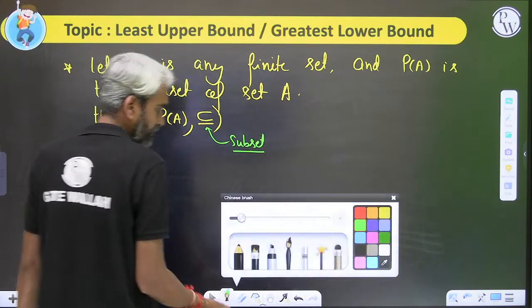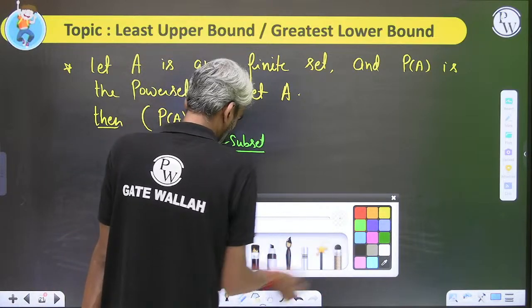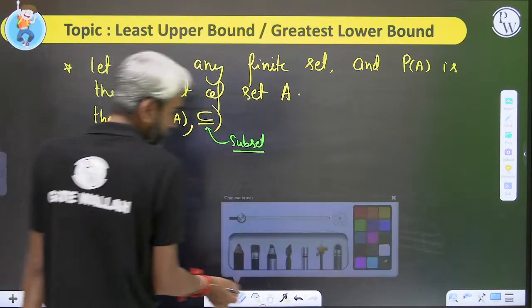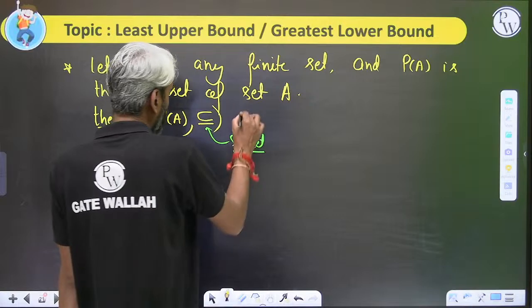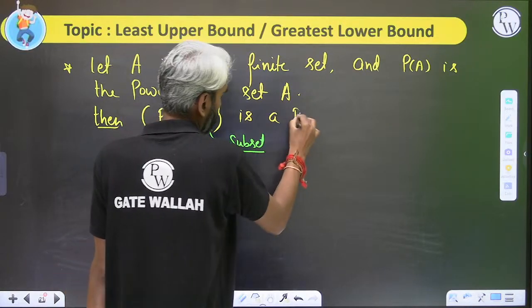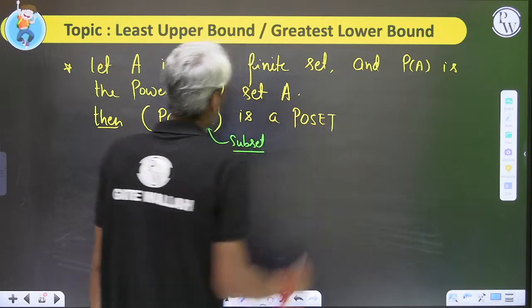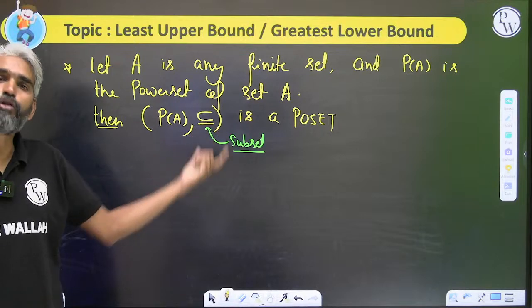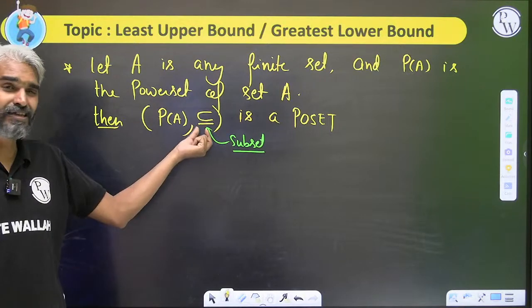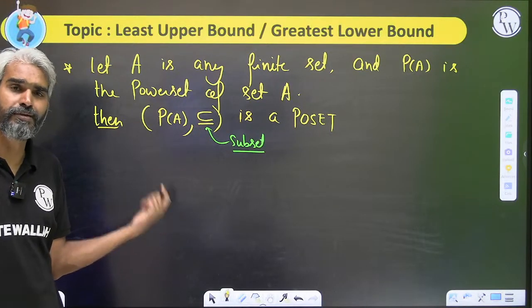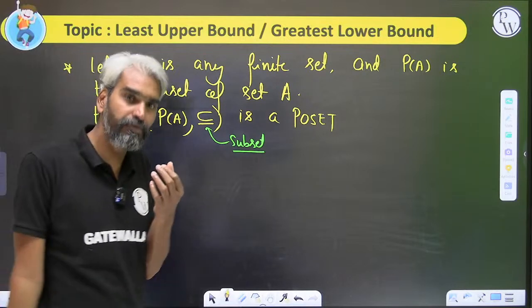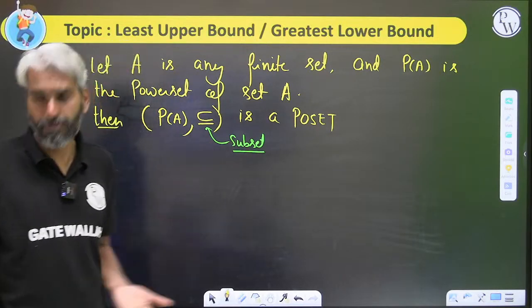Is the subset operation. So power set of A with respect to subset equals to the poset. Now please try to understand, every set is subset of itself, therefore it will be reflexive. Antisymmetric, a set with less number of elements can be subset of a set with larger number of elements, but vice versa is not possible.